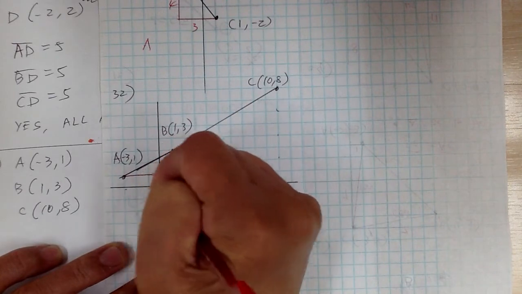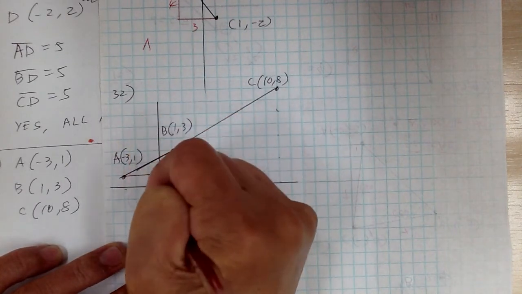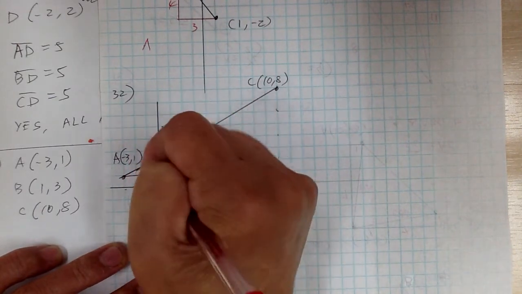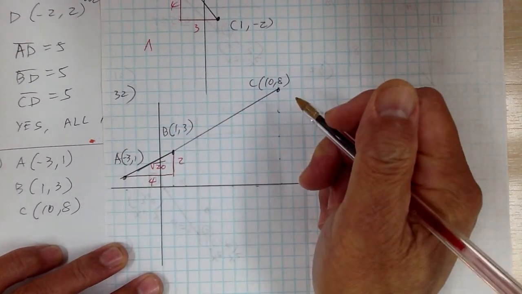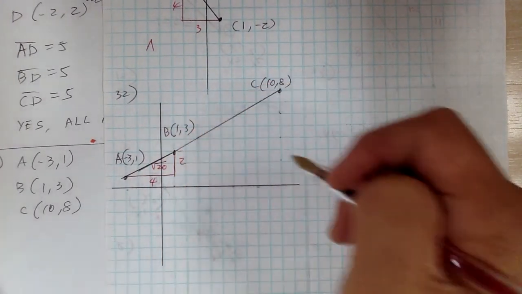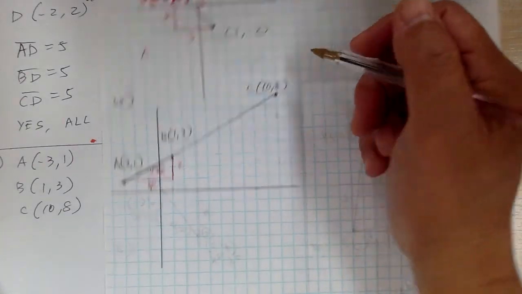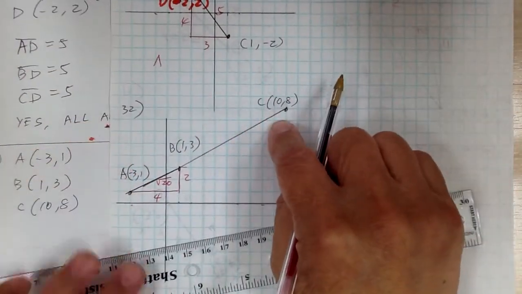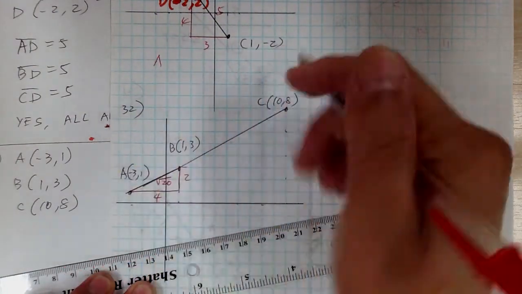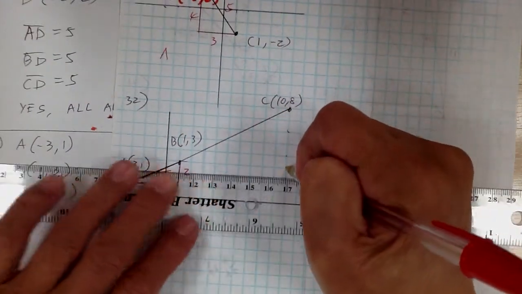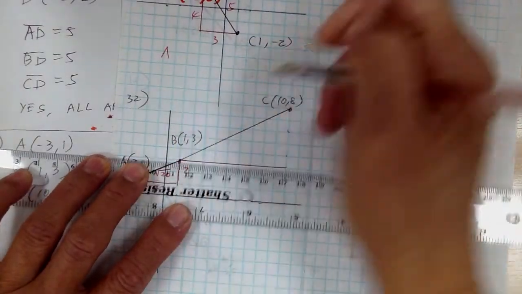This is 2, and this is 4. So this would be square root of 20, okay? Now, if they're on a straight line, then this distance plus this distance will equal the total distance. If they don't add up, then it means it's not a straight line.